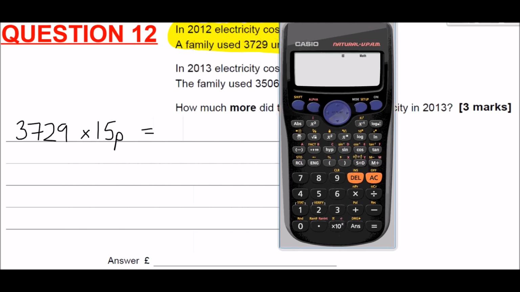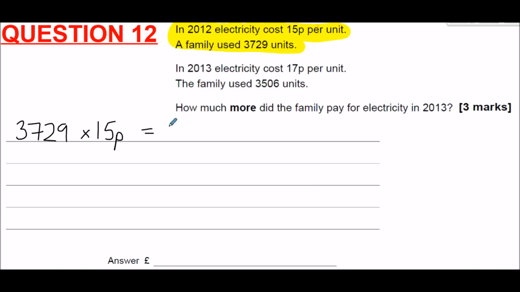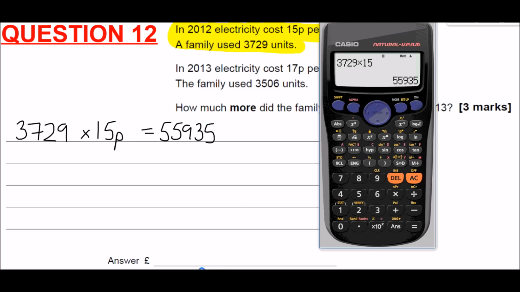just move this along so the calculator's not in the way. 3,729 multiplied by 15 would give us 55,935. But again, if we're using pence in the calculation, pence in means pence will come out.